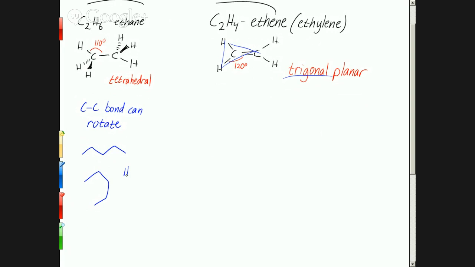And we also wrote that like this. Various ways. Any way you can write 5 carbons in a line, you get the same structure. It's the same thing. Well, double bonds cannot rotate.